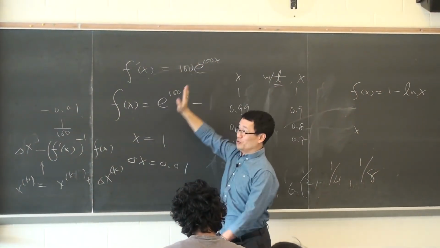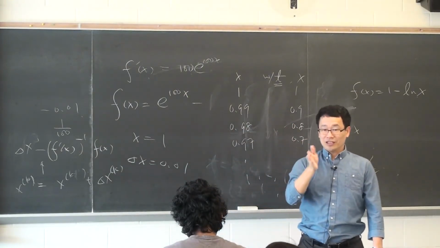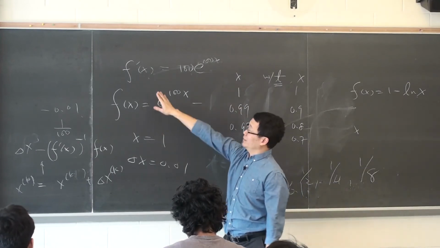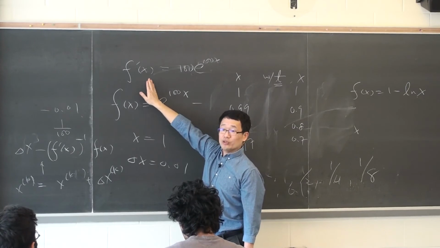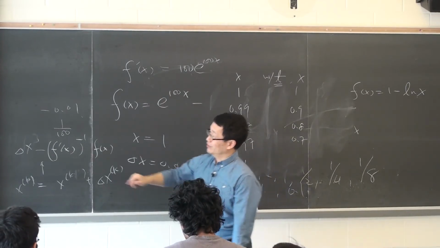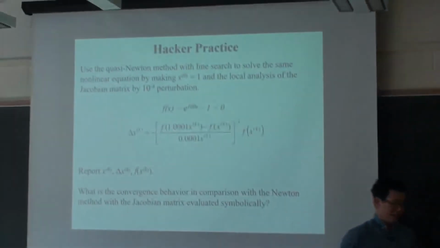You evaluate your search direction just by quasi-Newton. That means in your routine, when you calculate the derivative, the slope, use a local analysis to calculate the slope. Substitute that and let's observe.